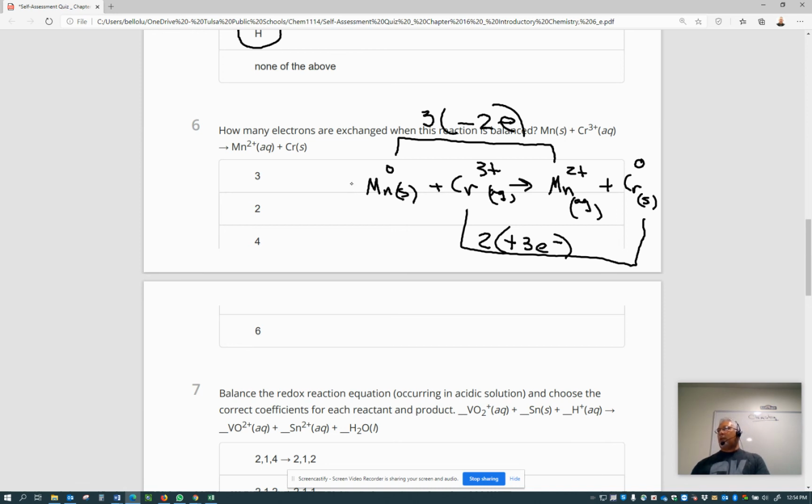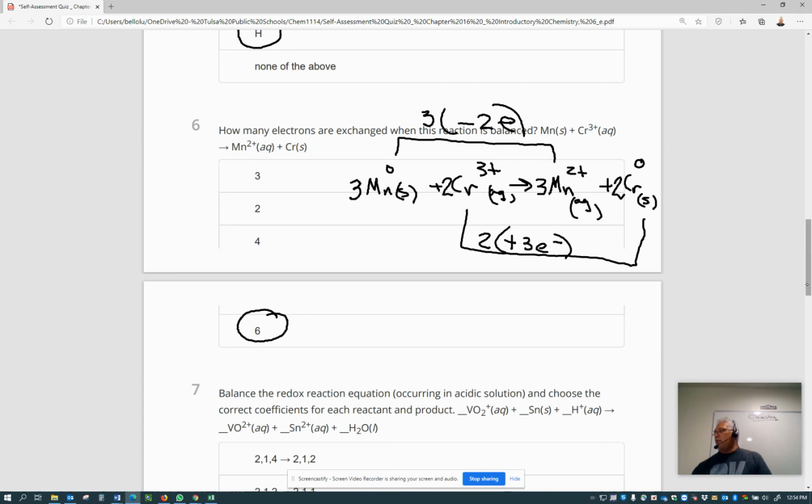So that will be a 3 here for manganese, a 2 here for chromium, and of course a 3 here for the other manganese and a 2 here for chromium. So the answer to how many electrons are exchanged when this reaction is balanced will be 6.